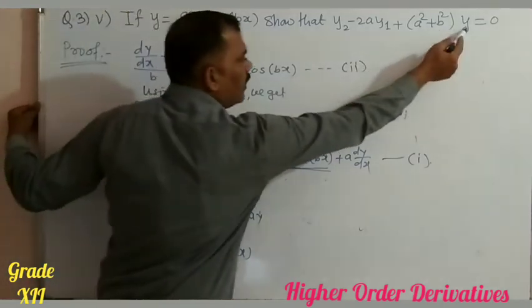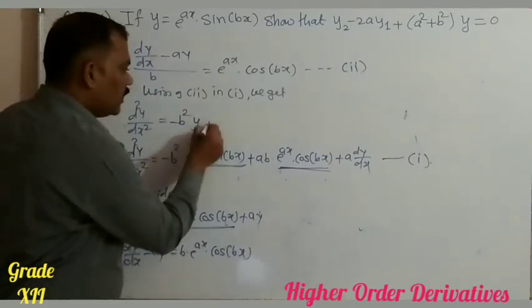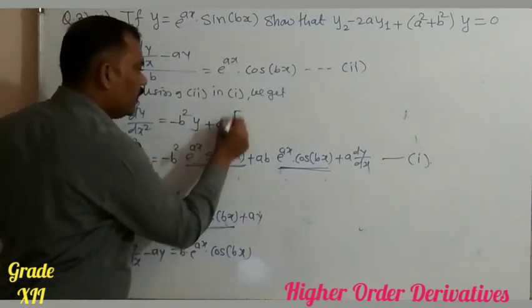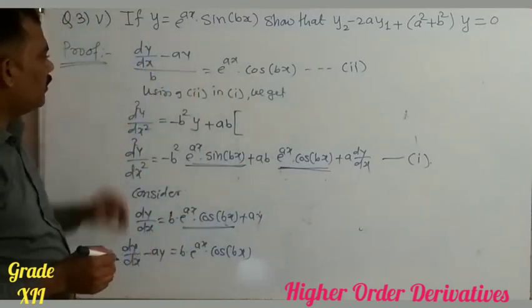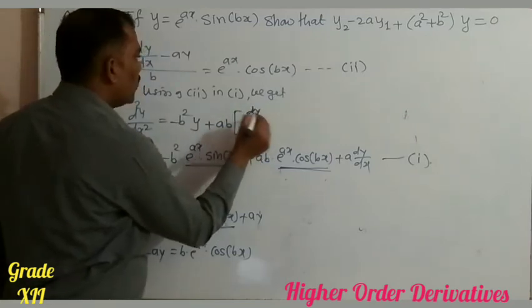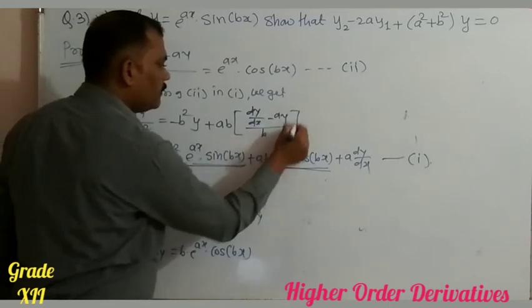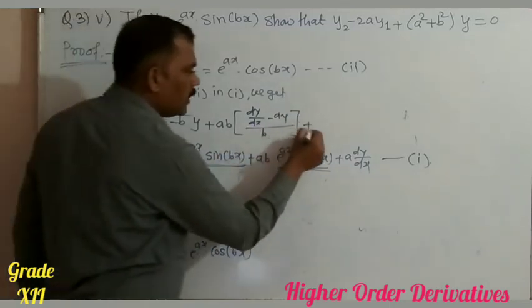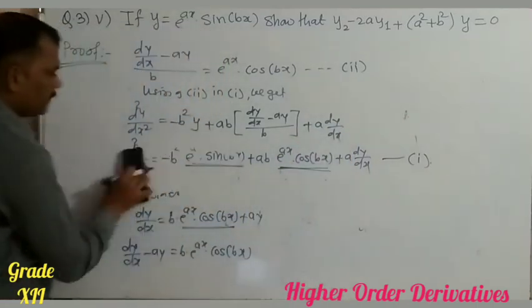Here we also need plus ab into e raised to x into cos of x, that is, (dy by dx minus ay) divided by b, plus a into dy by dx.